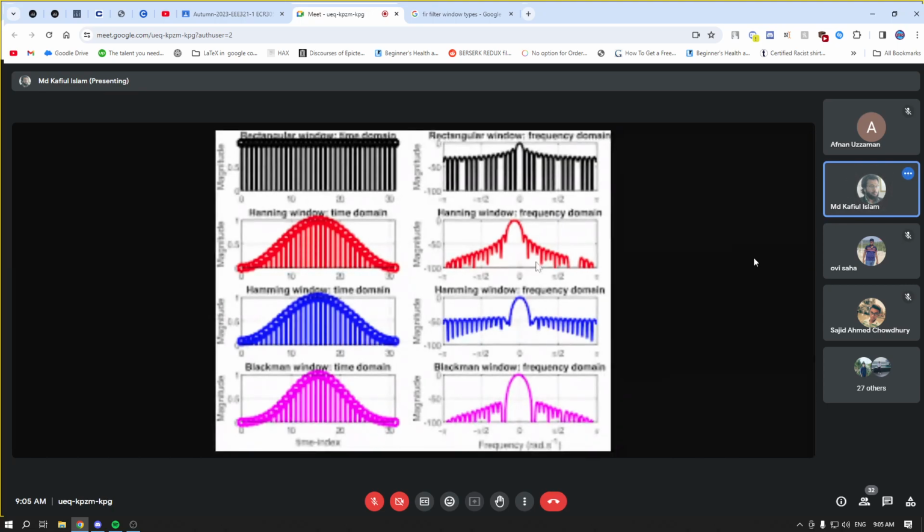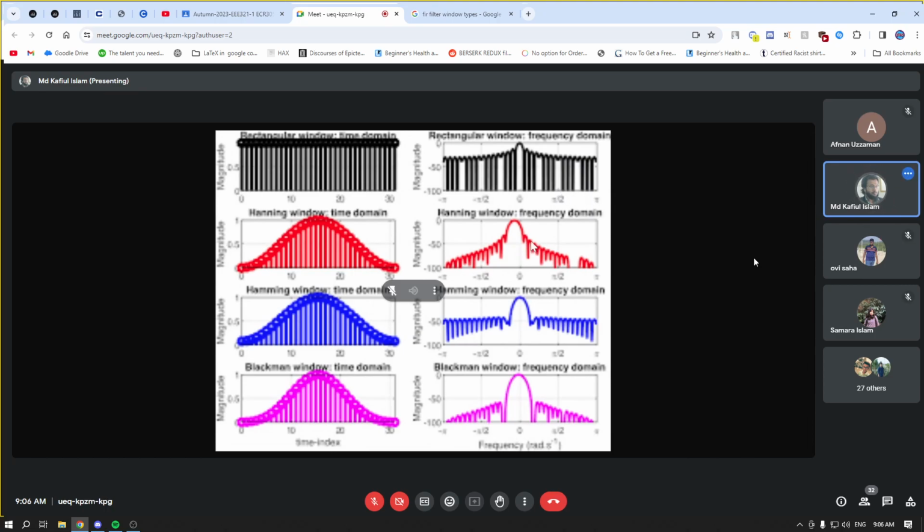the window functions, how they look in frequency domain. Now, when we're talking about frequency domain, which one has a higher ripple? Can you see that? Which one has higher ripple on the right hand side? Rectangle. Right? And if you think about it frequency-wise, which one has higher frequency content?